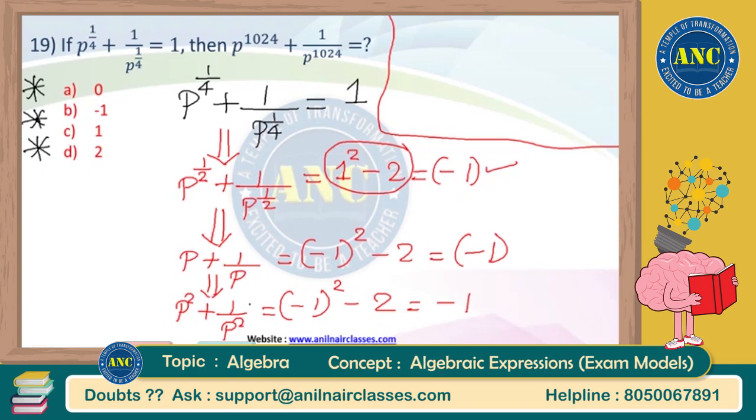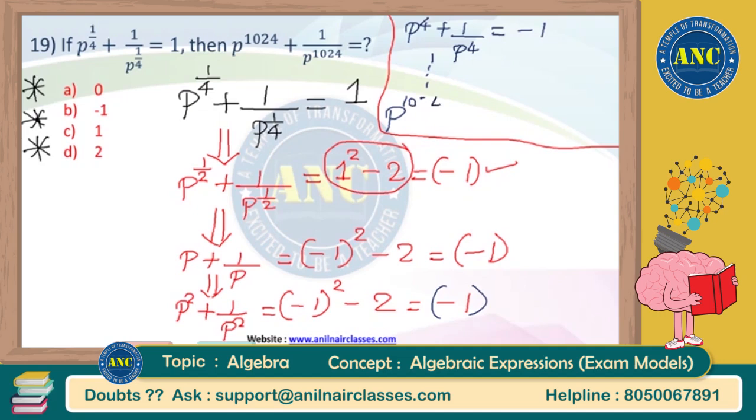Now p square plus 1 by p square is over. Next it is p power 4 plus 1 by p power 4. Same thing, minus 1 whole square minus 2. Again you are getting minus 1. Next it will be p power 8 plus 1 by p power 8. Again it is minus 1. P power 16, p power 32, p power 64, p power 128. Finally somewhere you will get p power 1024 also.